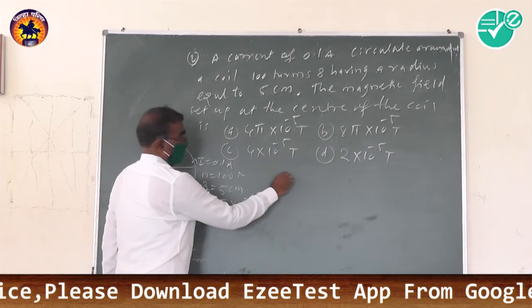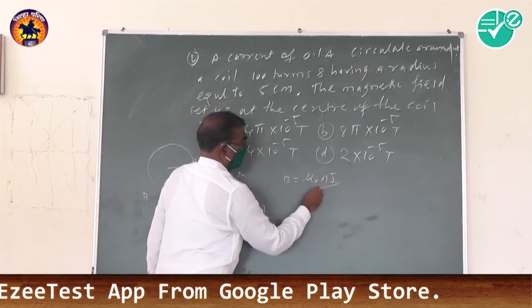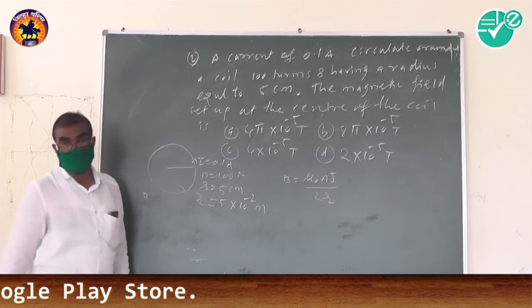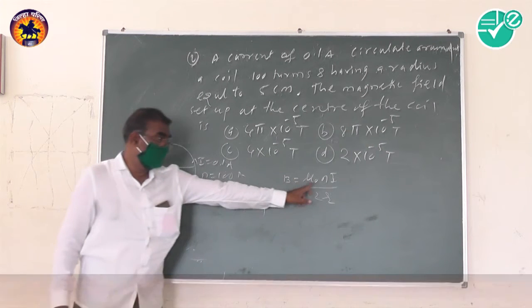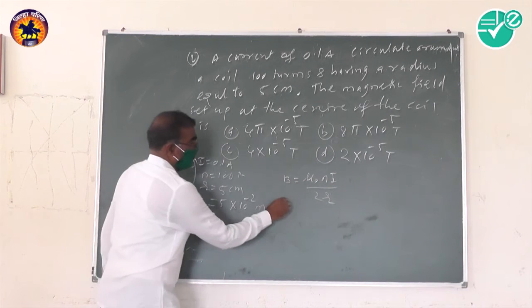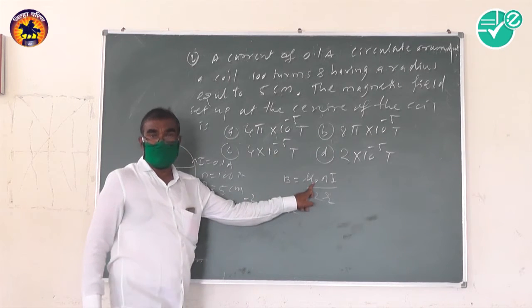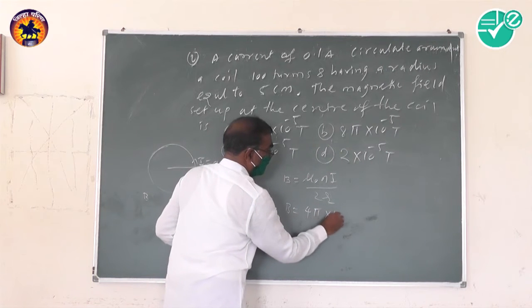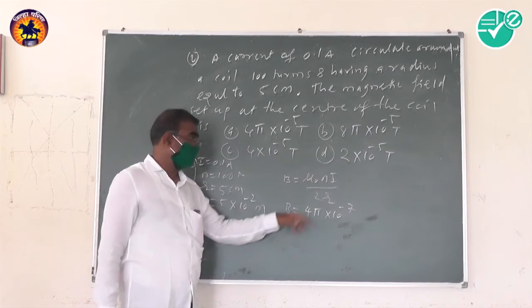Therefore, the formula for magnetic induction is mu 0 NI upon 2R. That is the magnetic induction at the center of circular coil carrying a current. Mu 0 is a permeability, that value is given always. We know that the value of mu 0 is 4 pi into 10 raised to minus 7, that is permeability of air medium or vacuum.